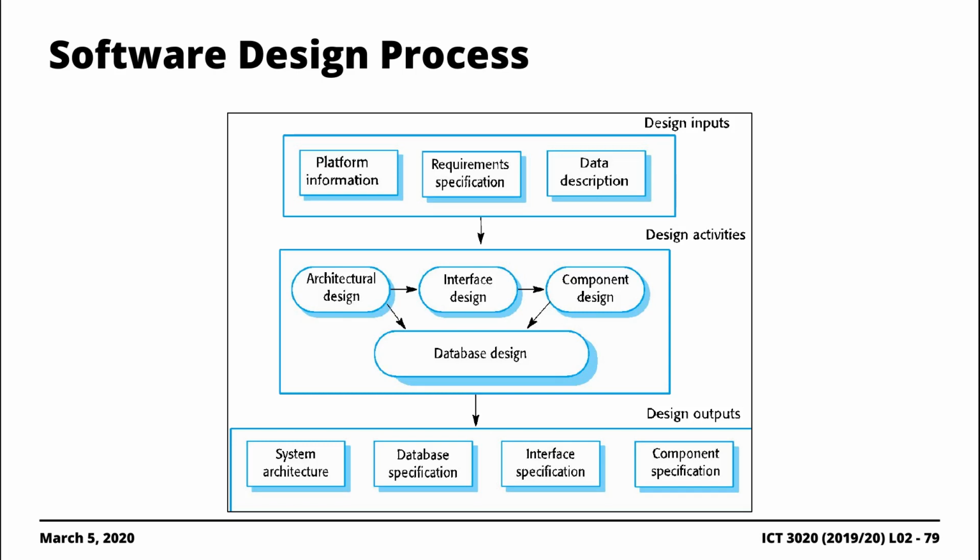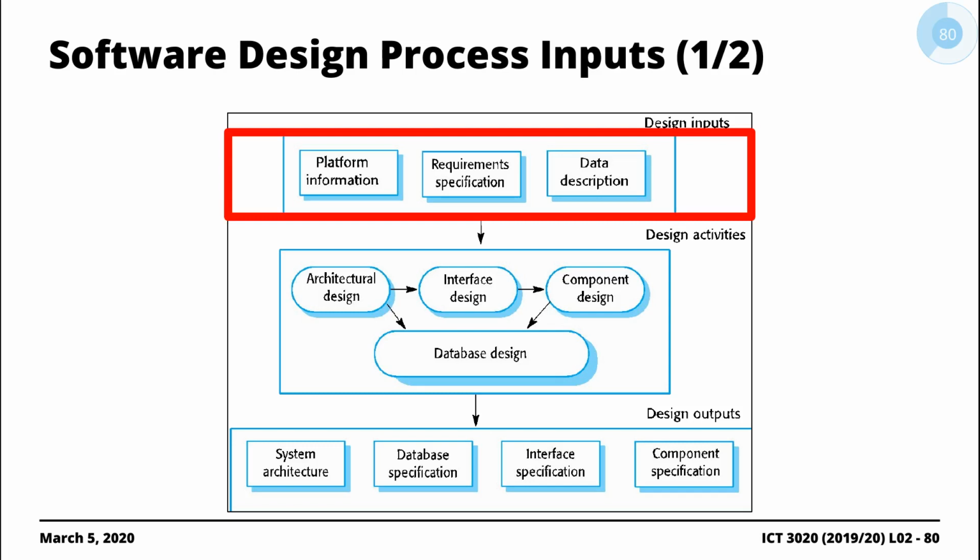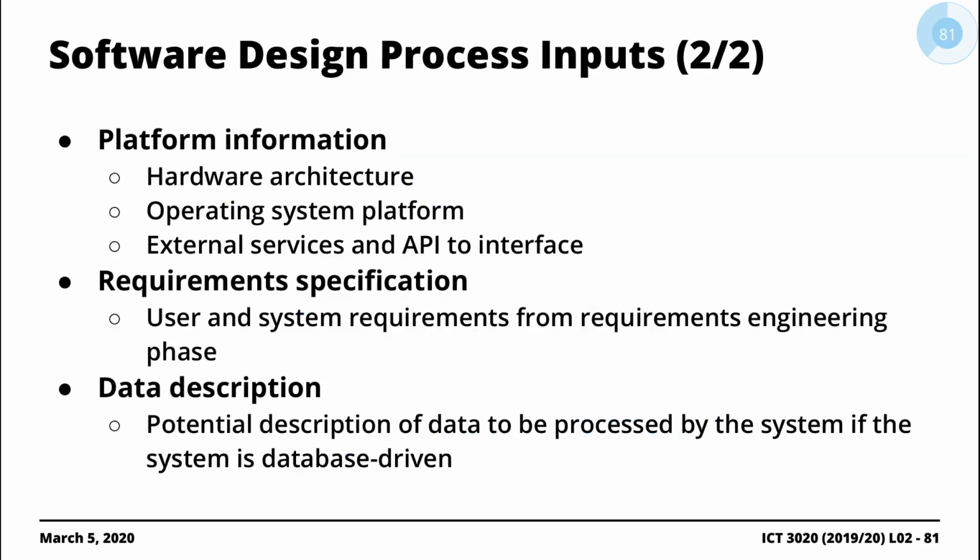So you typically have inputs, things that you want to feed into the overall software design process. And then you have individual design activities, right? And then finally, the end result is these design outputs. So we'll go through these things in sequence to appreciate what all these different aspects involve, right? So we'll start with the input, right?